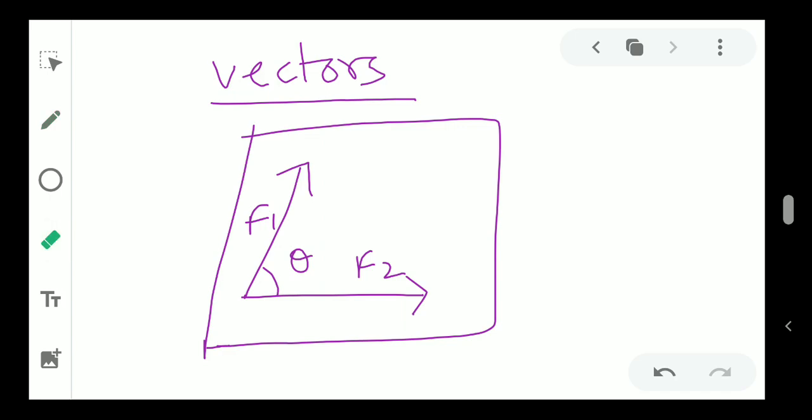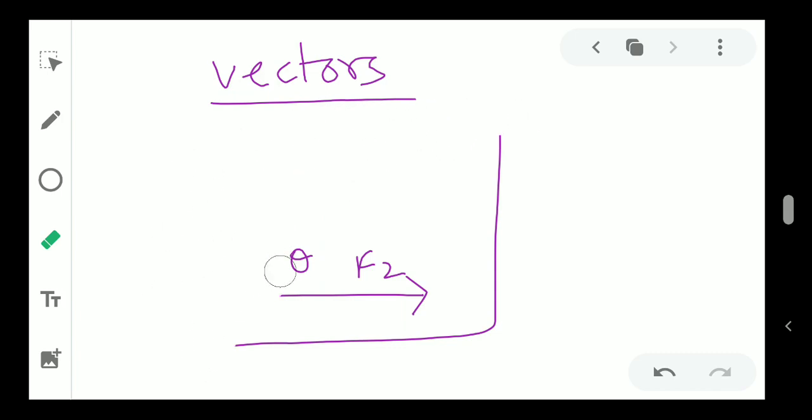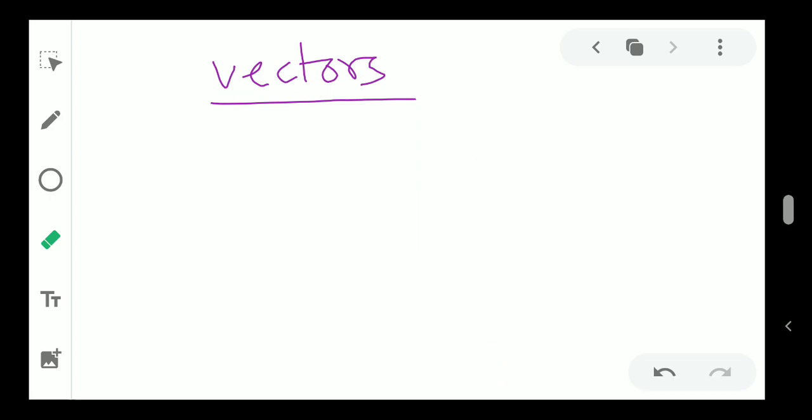Now there is something called parallel vectors. Parallel vectors means two vectors are separated by their origin point, but the direction is the same, so they are parallel kind of vectors.